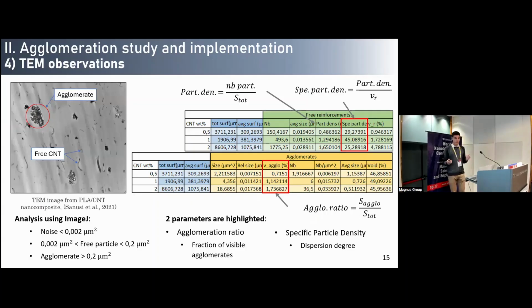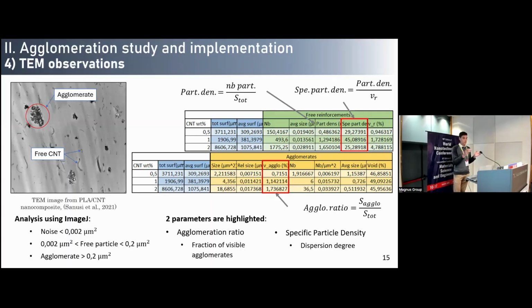For the agglomeration, we use transmission electron microscope imagery. From this observation, we analyze the data and find two main parameters that we use for this study. First, the really smallest particles that were measured were only noise, so we neglect them.